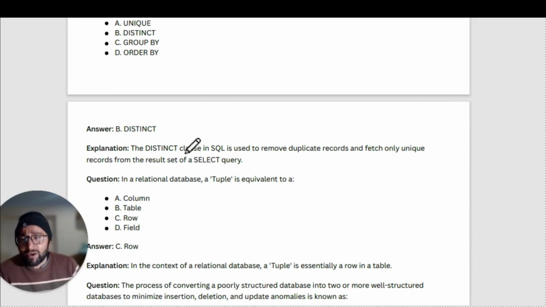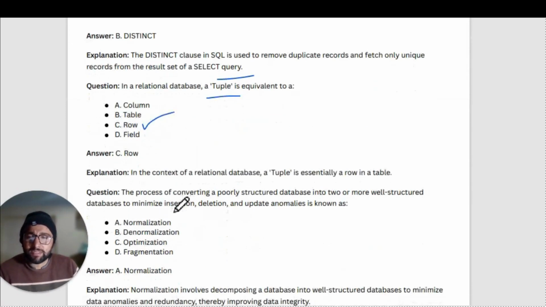Another MCQ which is very important but very easy: tuple. Tuple is equivalent to, and is the second name of, a row in a database management system. So the question is, the process of converting a poorly structured database into two or more well-structured databases to minimize insertion, deletion, and update anomalies is known as normalization.